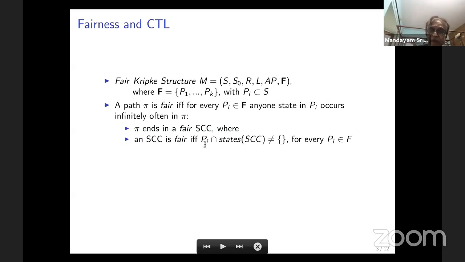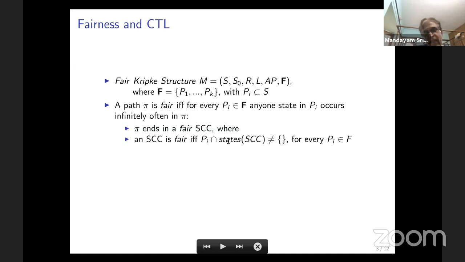An SCC is fair if one of the states on the strongly connected component is from each Pi. For each of these Pi, one of the states in that set must be one of the states inside the SCC.